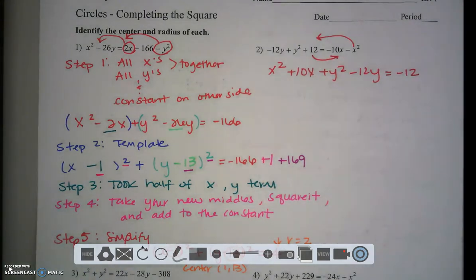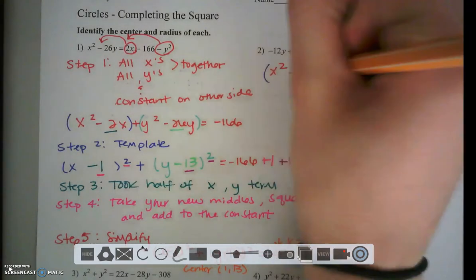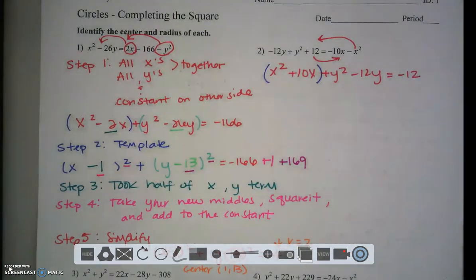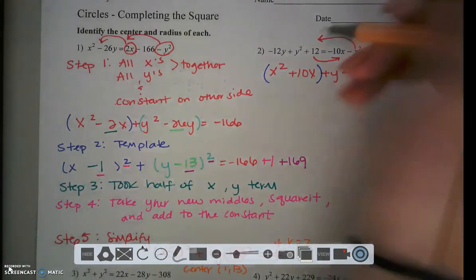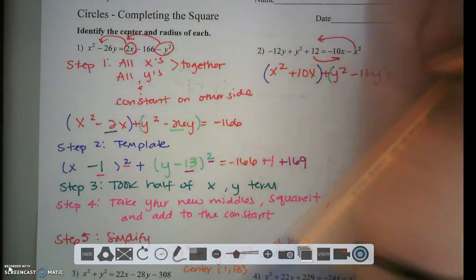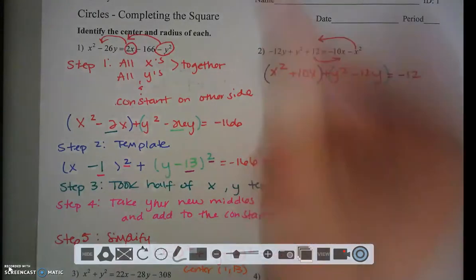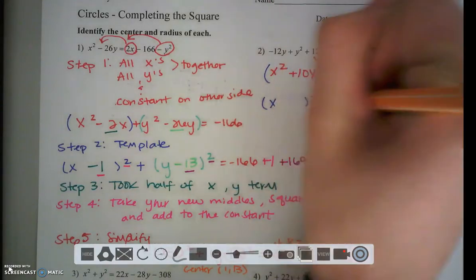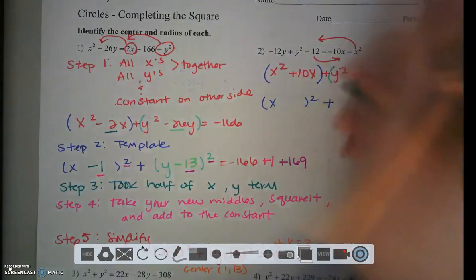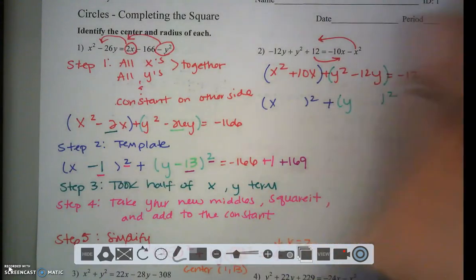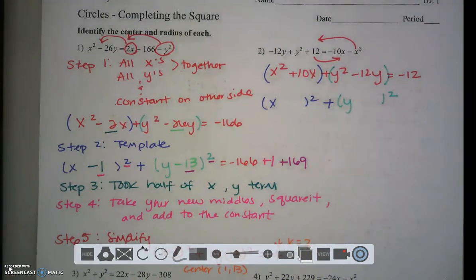Step 2, let's make a template. So I'm going to group my x's together, and I'm going to group my y's together. So our template will be x squared plus y squared, and it'll still equal this negative 12.